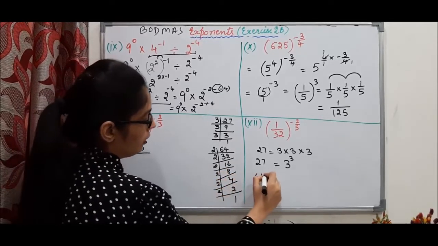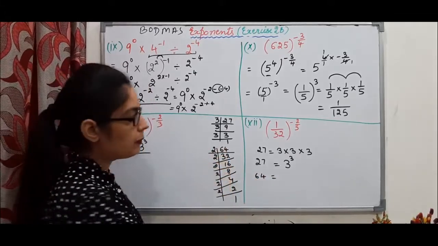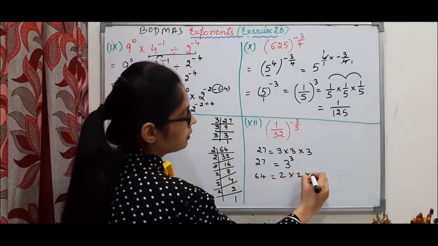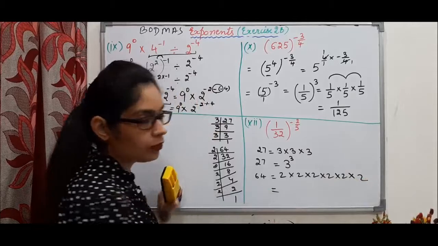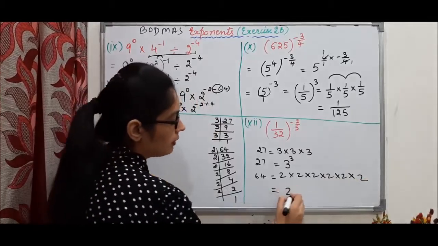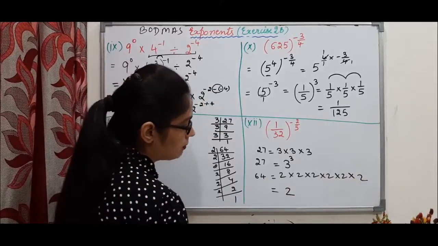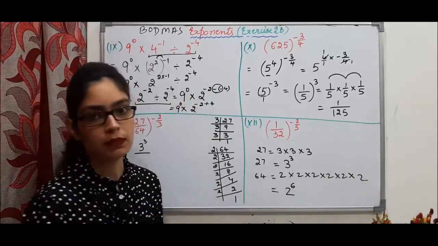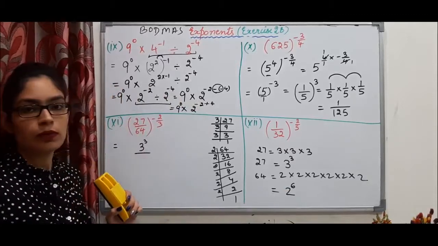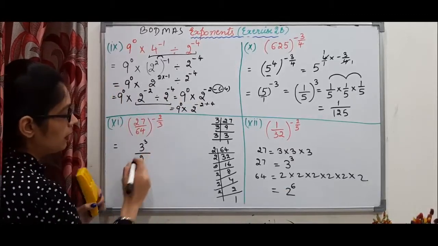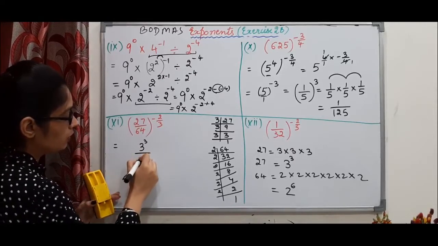So 64 I can write as 1, 2, 3, 4, 5, 6. 2 is getting multiplied to itself 6 times. So if 2 is getting multiplied to itself 6 times, I write 2 as it is, and how many times it is getting multiplied, that will become its power. So 2 to the power 6. So in place of 64 I will write 2 to the power 6.